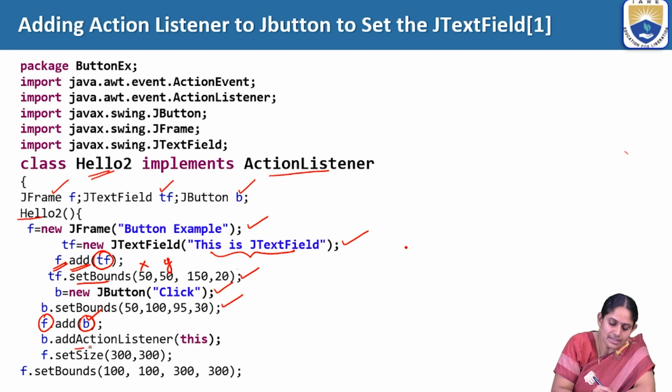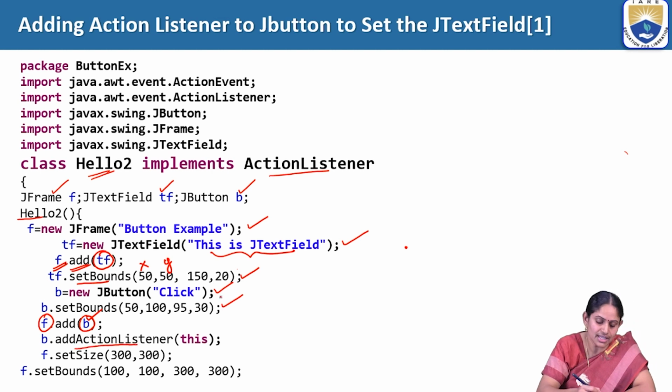Now we are registering the action event with the button B. The event that can occur is clicking the button. When we click the button, an object of ActionEvent will be created, and it will be passed to the actionPerformed method of the action listener interface.